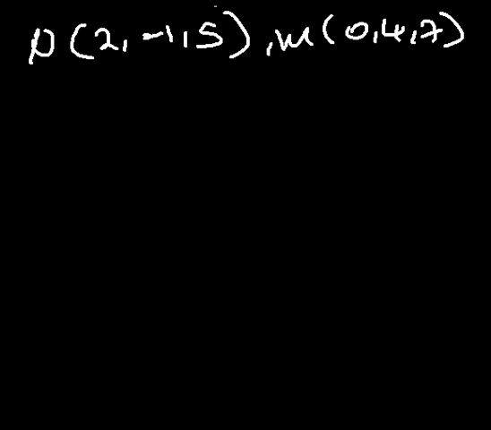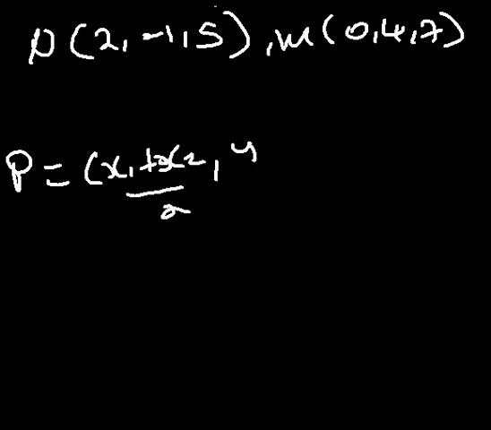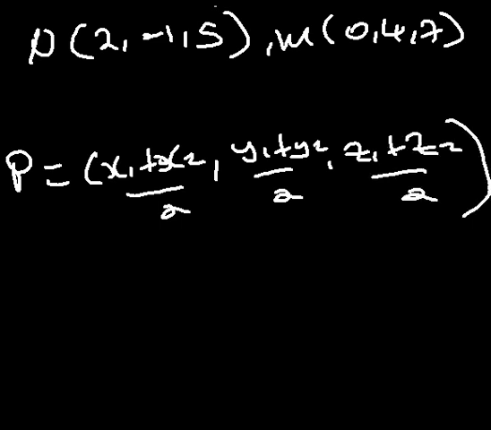In this case, the midpoint formula will be given as, assuming that a point P is the midpoint of the line NM, the point P is x1 plus x2 over 2, comma y1 plus y2 over 2, comma z1 plus z2 over 2. That's the coordinates at the center of the line NM.